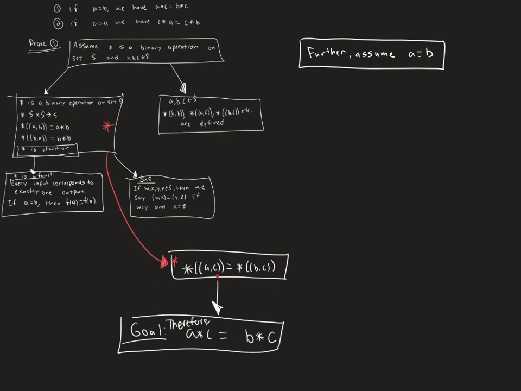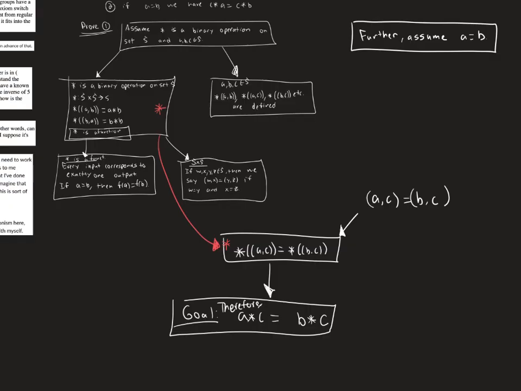Well, we can get that from AC equals BC. So this fact here allows us to go from this statement to this statement.